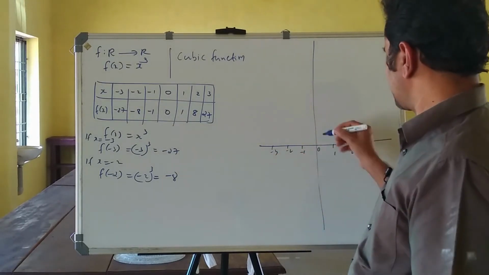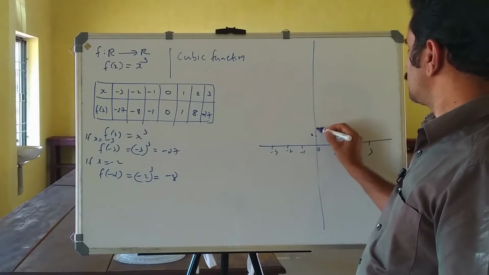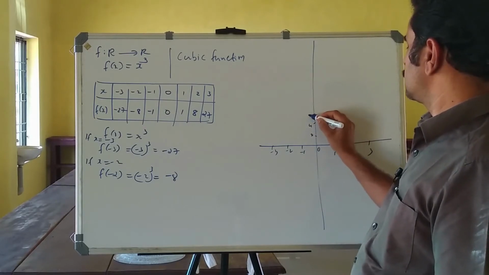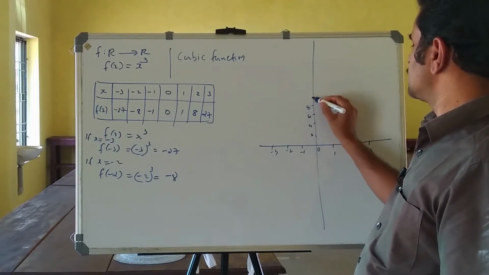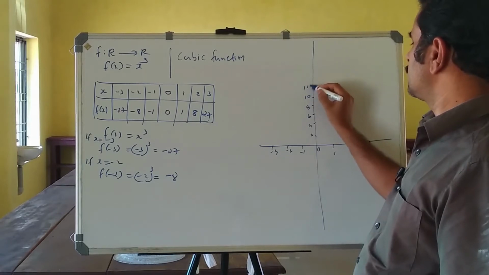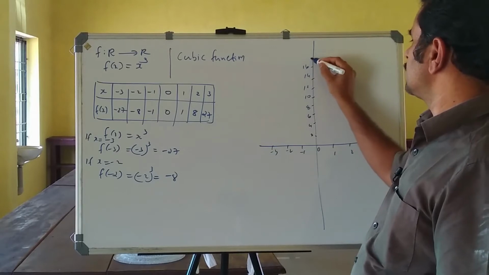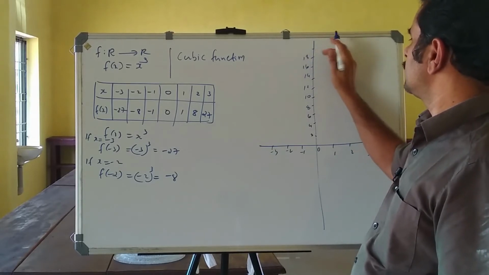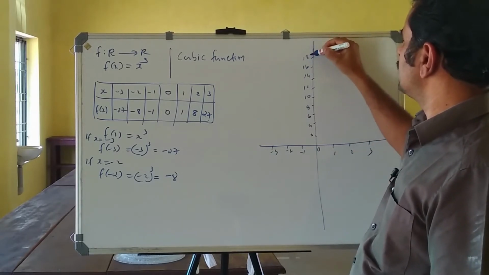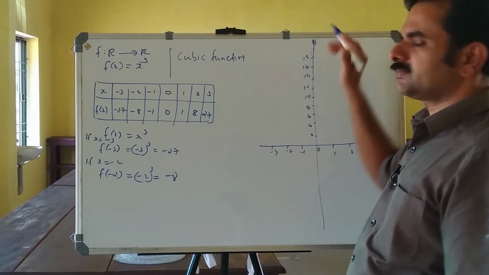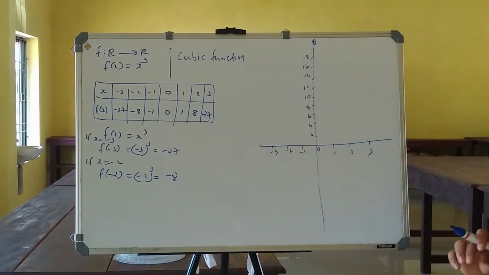So we can take average points here. 2, 4, 6, 8, 10, 12, 14, 16, 18, and suppose 27, 27 is here. Let us take 27.